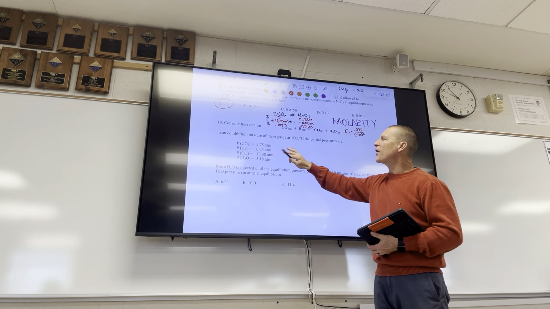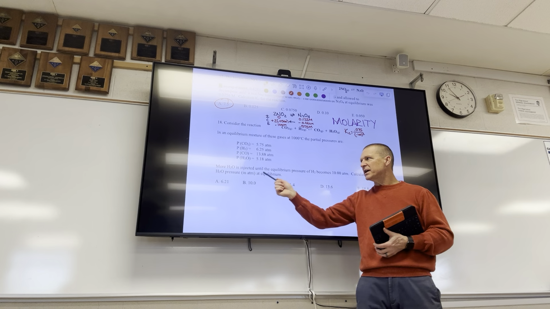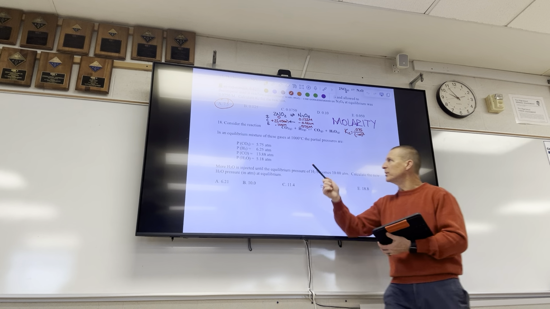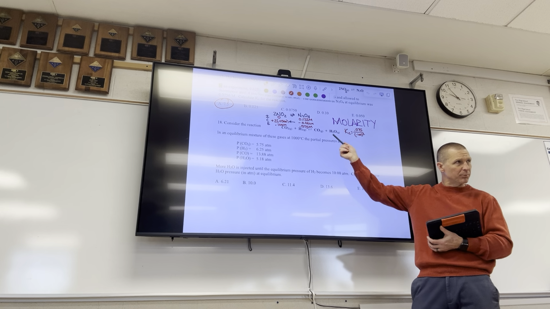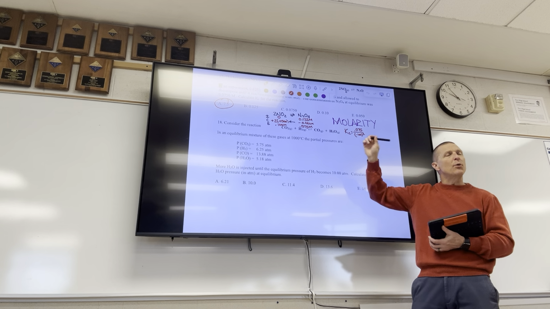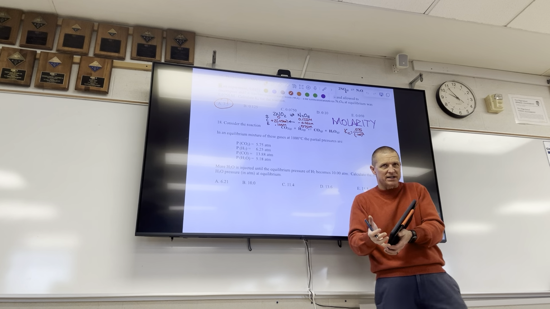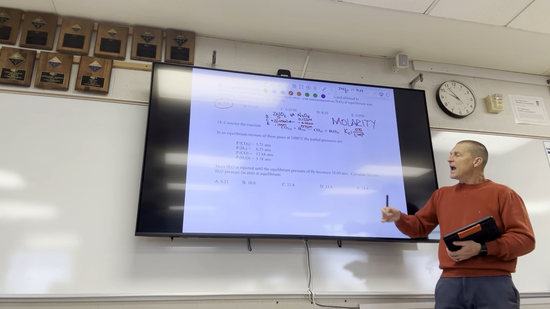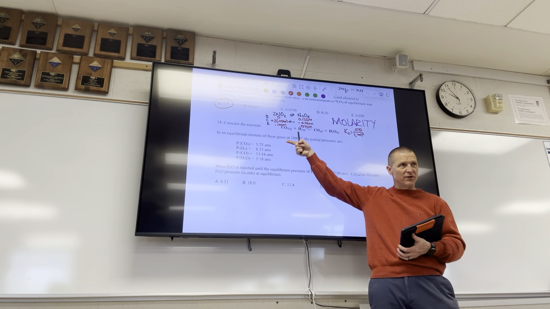But here's the question. From this equilibrium mixture, more water is injected into the equilibrium. Notice that water, in the form of steam, is a product here. So more product gets injected into this reaction, and by Le Chatelier's principle, that causes the reaction to shift to the left.